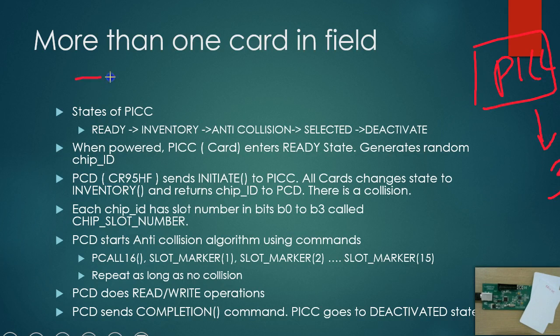Now when the PCD sends the slot marker 3 command, sorry, there's something wrong on my screen, all the PICCs will match the parameter 3. If they are equal, this PICC will respond with its chip ID. So this is how the time slot algorithm works.